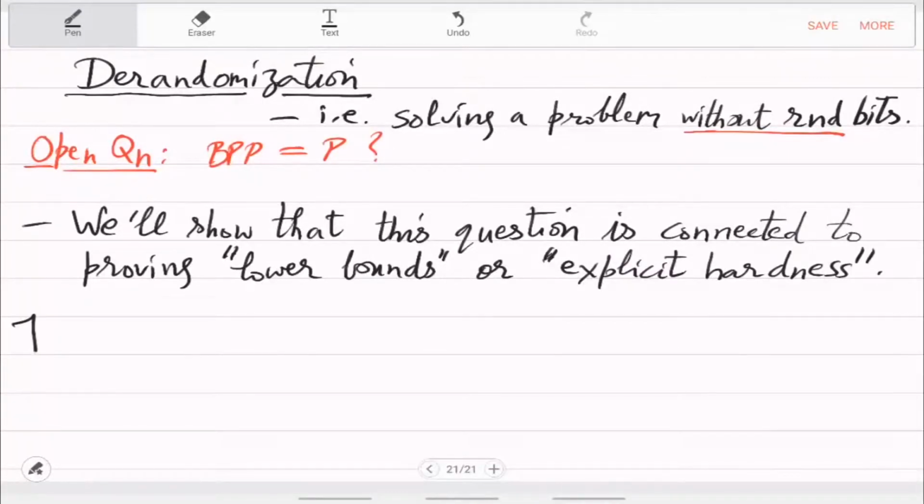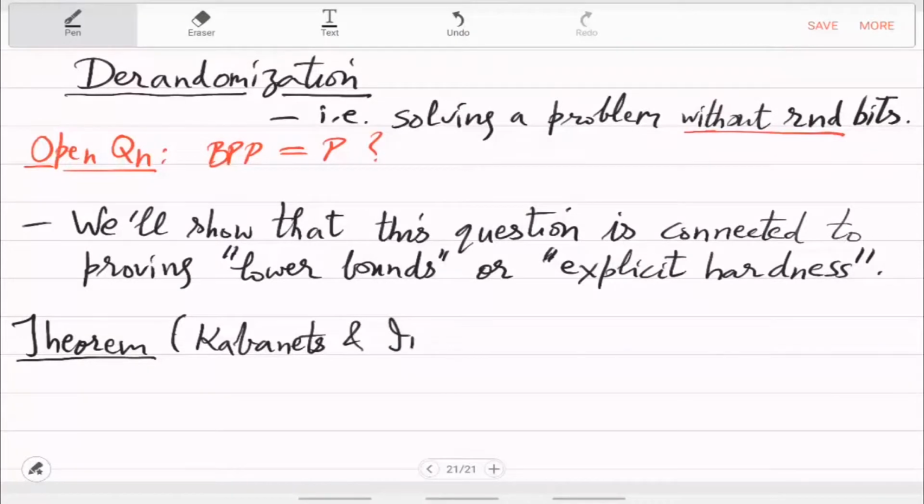This was shown very concretely for the first time by Impagliazzo and Kabanets.